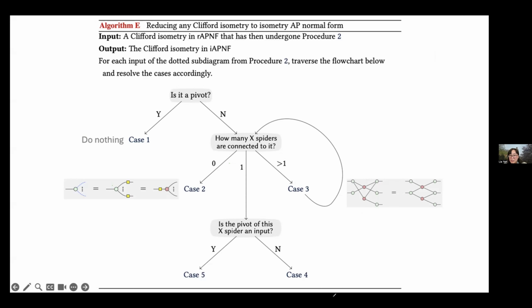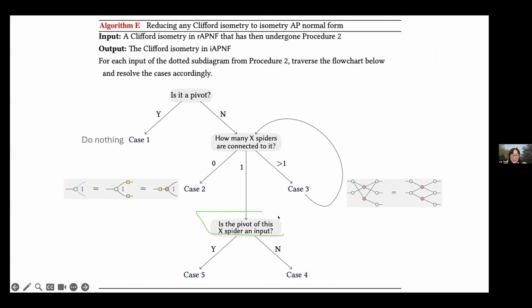In this example, you wanted this one to be connected to just one red spider, but it's actually connected to 2. Then you just add one of the red spiders to the other, and this is just addition modulo 2. So in the end, this one is happily connected to just one red spider.